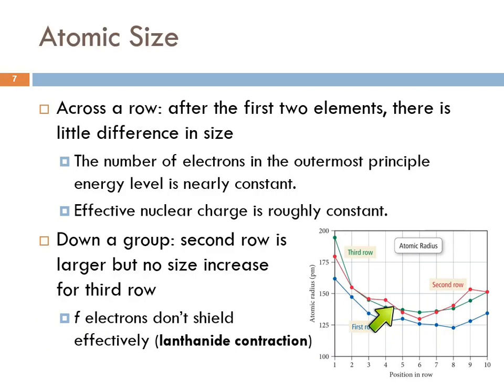And so because of increased effective nuclear charge, the third row elements are about the same size as the second row elements, because the higher effective nuclear charge pulls those 6s electrons in more to the size of the 5s. And that's a phenomenon known as the lanthanide contraction, that those 2 rows are about the same size. Any questions?